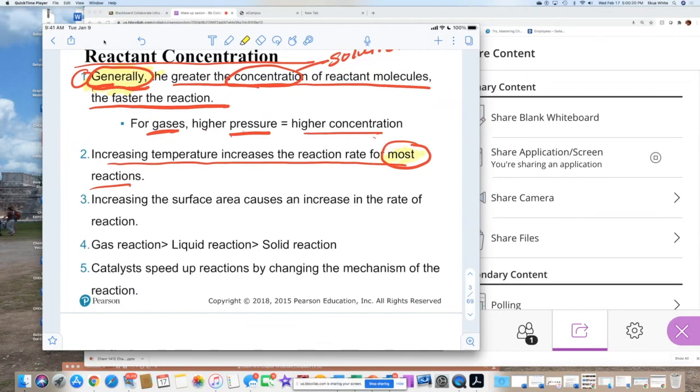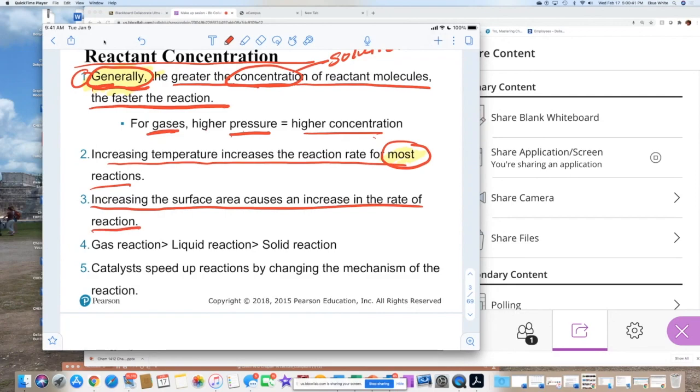And this term here, "most," same idea. For most reactions, when you increase the temperature, the reaction goes faster. That means there's some reactions for which this is not true. And then we're told here, increasing the surface area causes an increase in the rate of the reaction. This happens often, right?